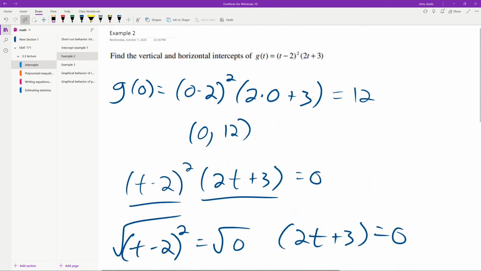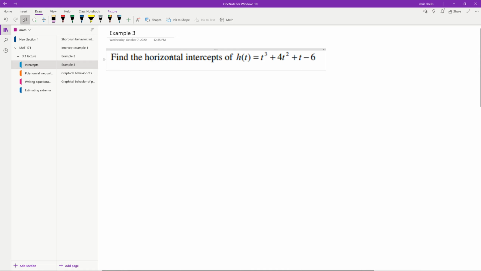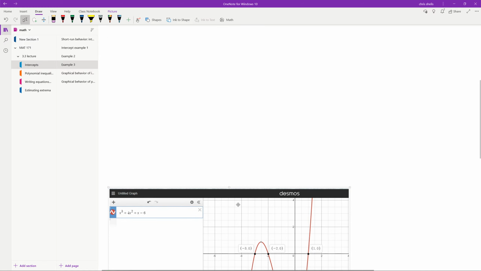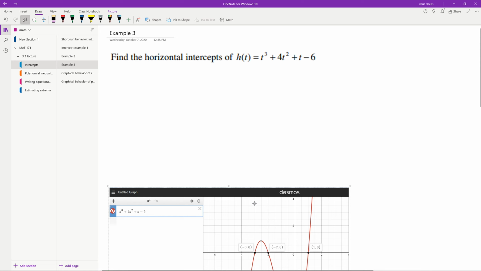In our second example, we were given something that was already factored for us. In this case, this is not going to be easily factorable using any techniques that we know, and it's not given to us in factored form. So what we have to do is graph this. And I've actually already gone to Desmos and graphed this for us.